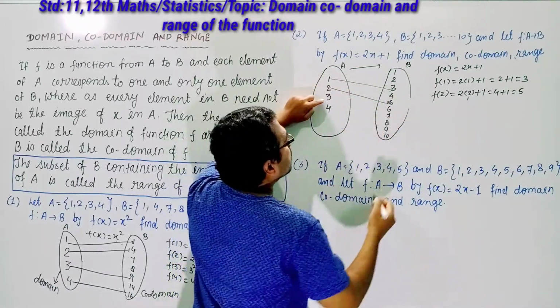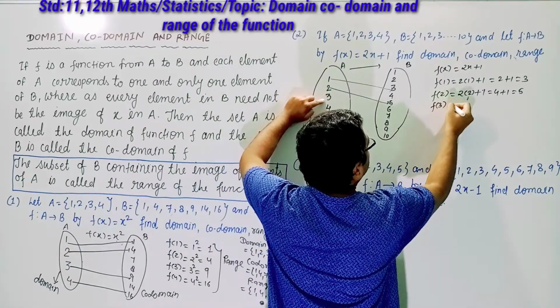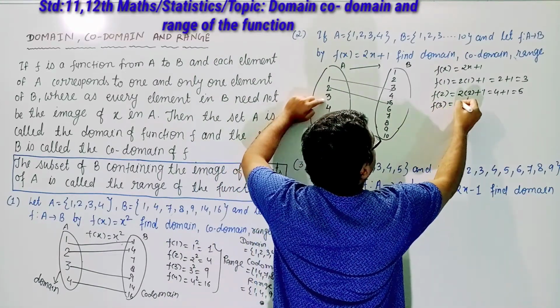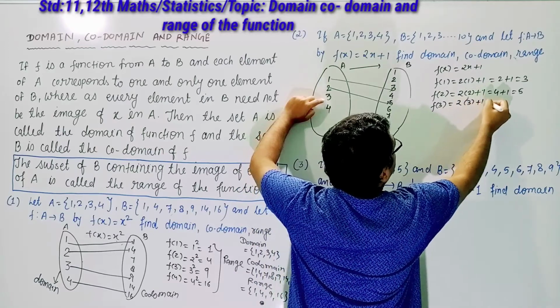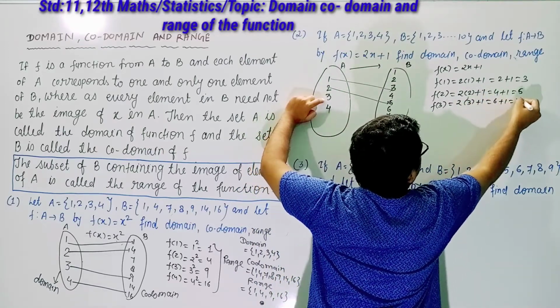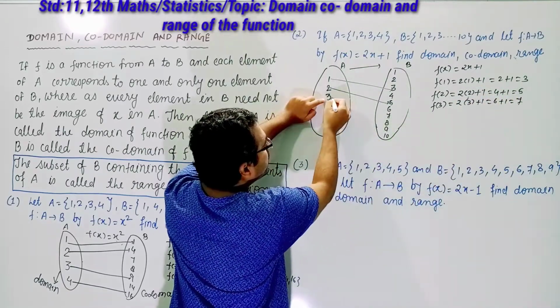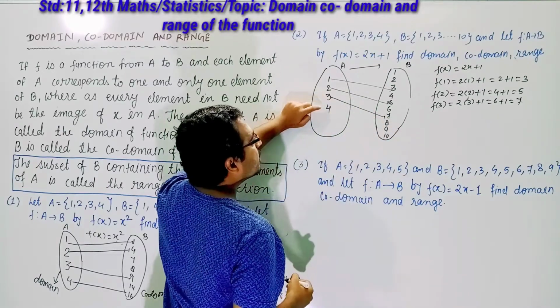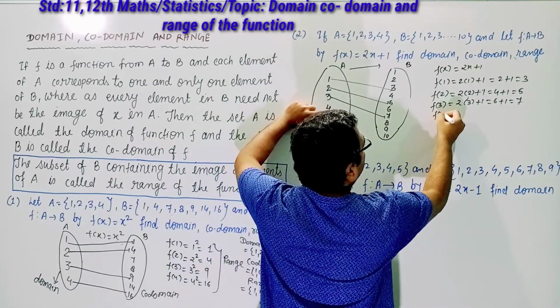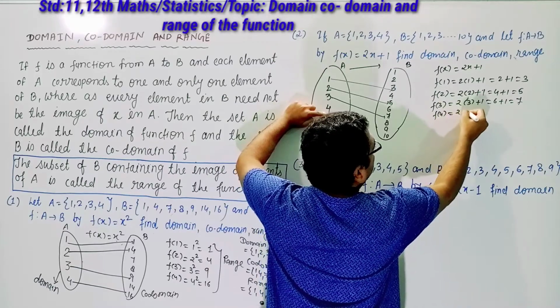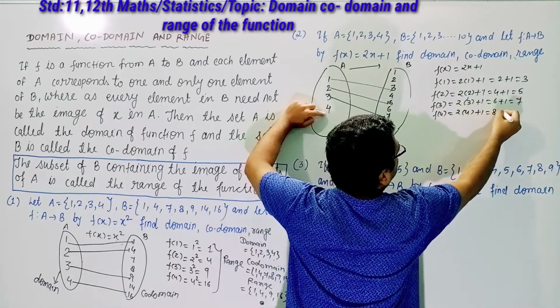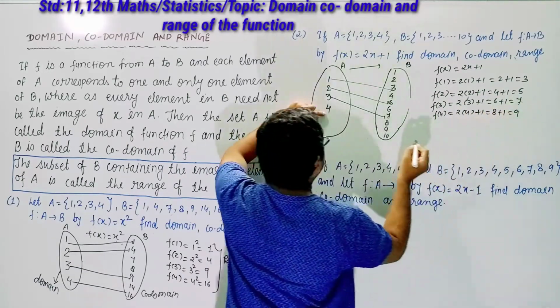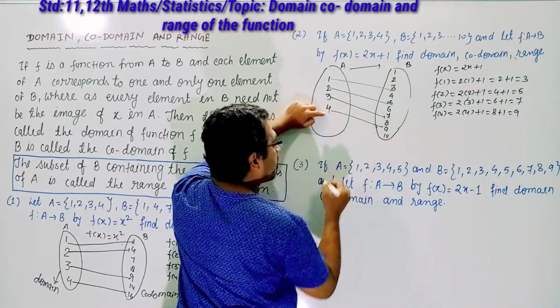So the image of 2 is 5. Now f of 3: 2 into 3 plus 1, 6 plus 1, 7. So the image of 3 is 7. Now f of 4: 2 into 4 plus 1, 8 plus 1, you are getting 9, and the image of 4 is 9.